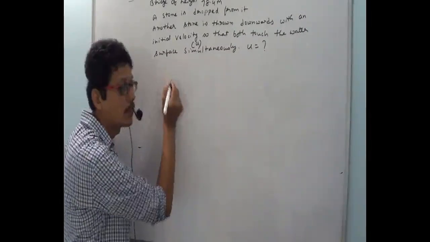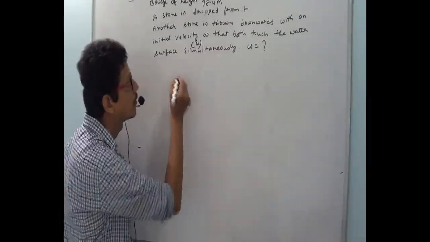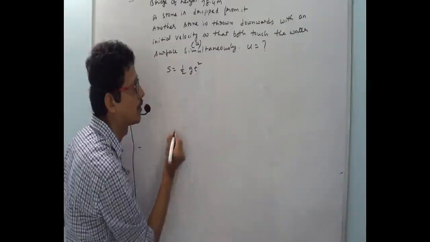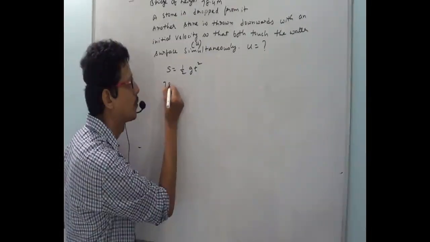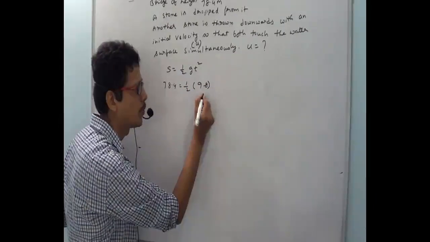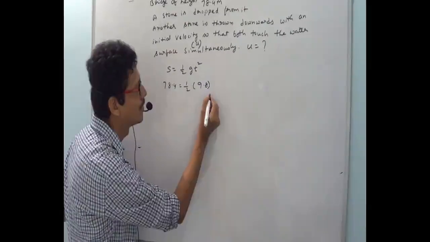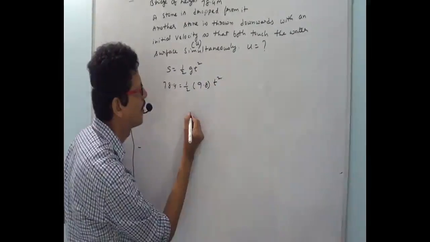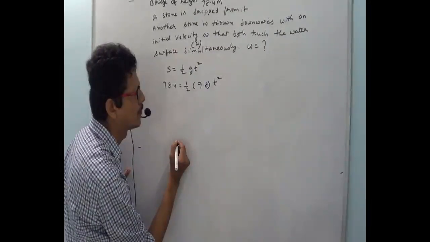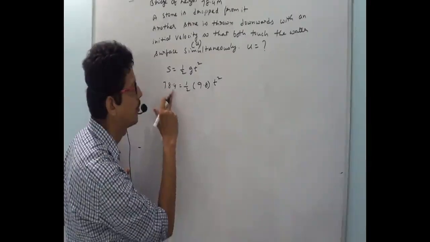First we need to calculate what is the time taken by the stone to touch the water surface. First stone, the formula is S is equal to half g t square. S is nothing but 78.4 and g is 9.8 into t square. Okay, how many times this will go? 9.8 into 8 times it will go.